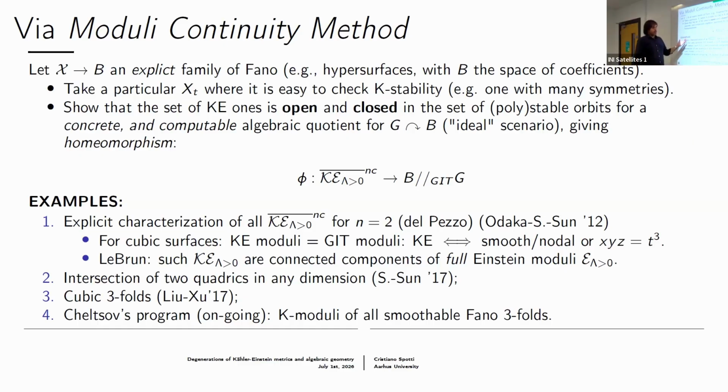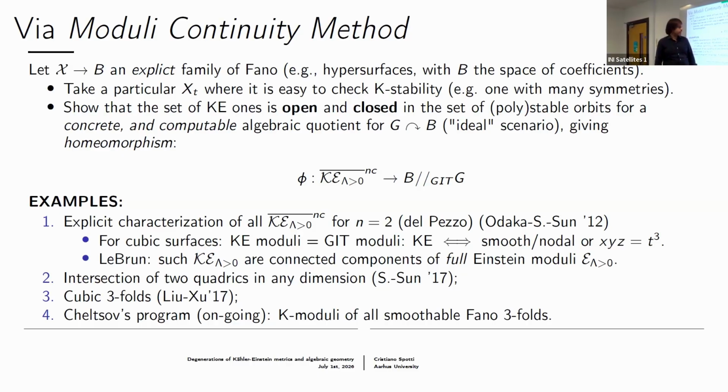And indeed, this can be done in lower dimension. For instance, a very clear picture is the case of cubic surfaces. It turns out that these abstract K-moduli, which tell us about the degenerations of a connected component of the Einstein moduli by a result of LeBrun, that a priori analytically is a very mysterious set, can actually be identified with the Kähler-Einstein, hence one can use K-stability, and it turns out to match with the classical GIT of cubics.